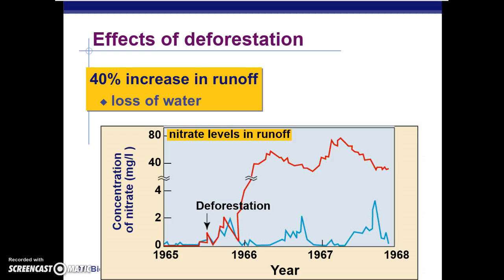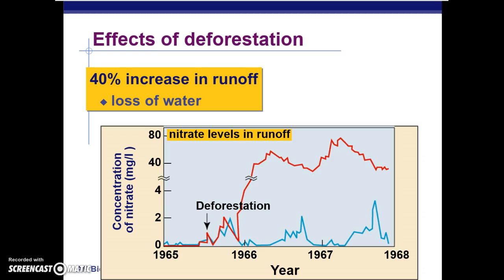If we've taken out the trees of a forest, the water that normally would be absorbed into the soil is not, because again, that whole transpiration process is being driven by the needs of the leafy structure of a tree, needing to pull the water up through the roots into the leaves to then transpire into the atmosphere. So again, if you wipe out your trees, then what's going to happen is the water is not going to go into the soil because there's no draw from the roots, and the water just runs off.